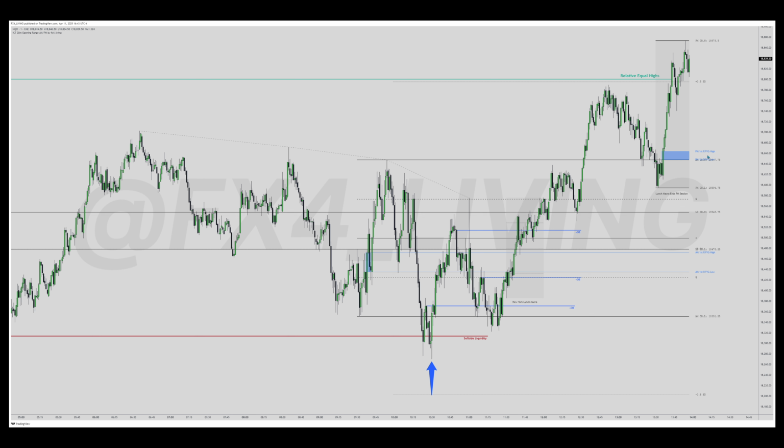So we did return inside the AM opening range high. It didn't reach for one quadrant right here, the upper quadrant. That made me very interested, you know?